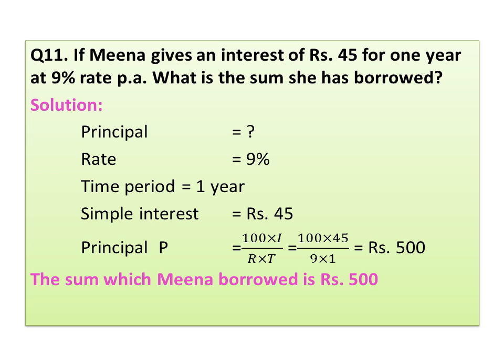The fourth term, principal P, we can find out using this equation, 100 into I upon R into T. So 100 into 45 upon 9 into 1 will give 500 rupees. So the final answer we can write like this: the sum which Meena borrowed is rupees 500. So I think you got the method of how to find out this sum also.